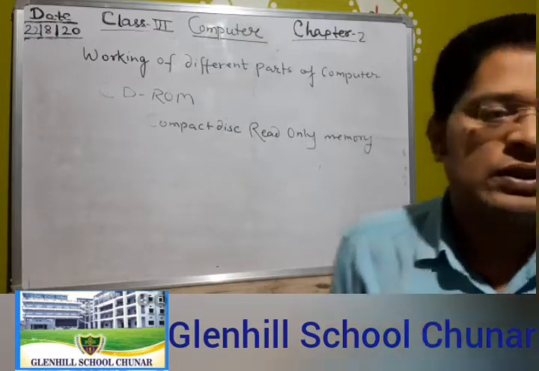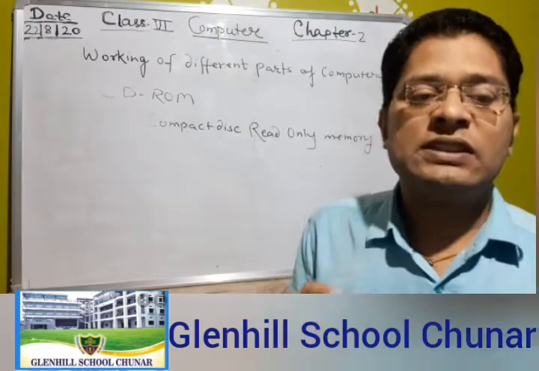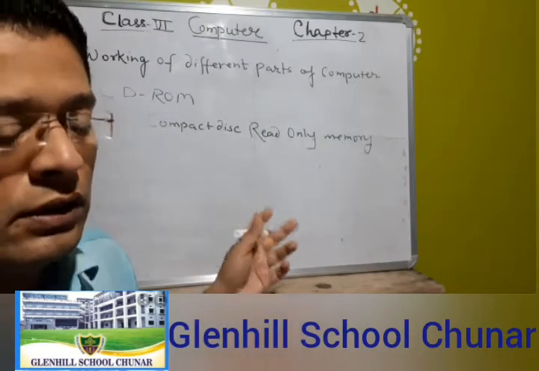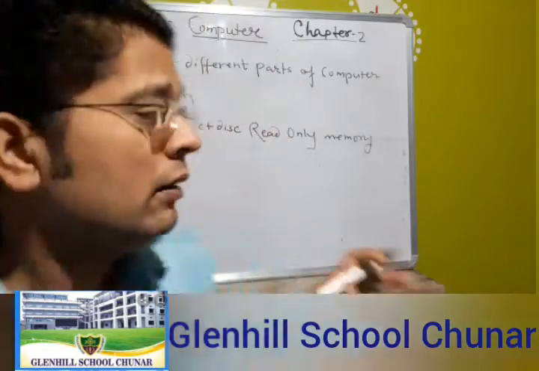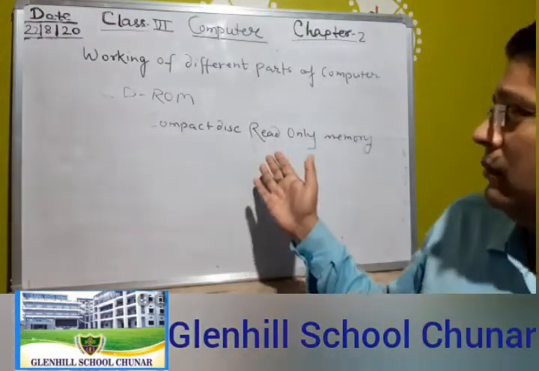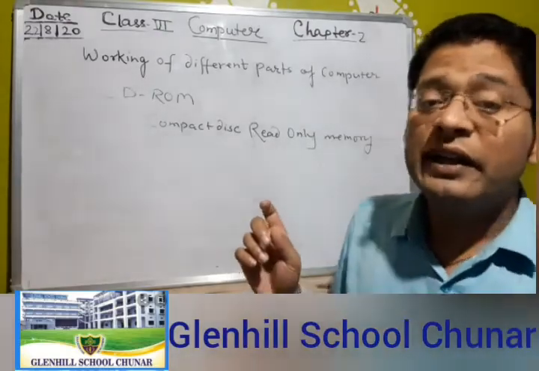So CD-ROM is a small spiral disk from which data is retrieved using a laser beam. So the data stored in it cannot be changed but can only be read, because it already has the name read only memory, not write, only read.